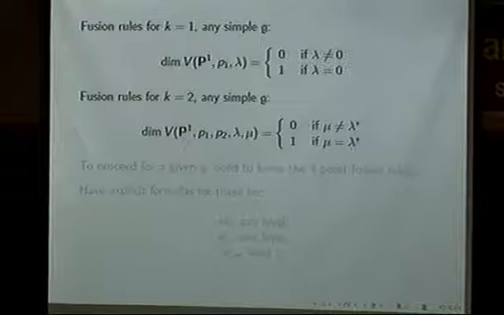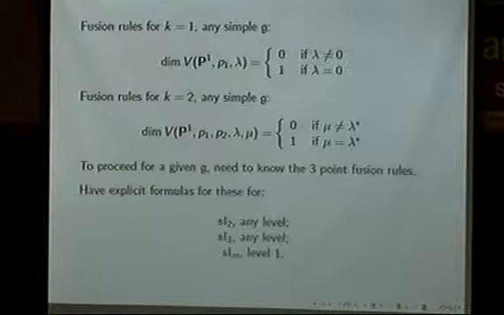Okay, so for a fixed Lie algebra G, to get any further with computing examples, you have to know the 3-point fusion rules. And in general, that seems like a pretty hard problem. So what I'll say about that is that we know explicit formulas for these 3-point fusion rules in a few cases. One case is SL2 at any level. We also have a closed form for the fusion rules for SL3 at any level.